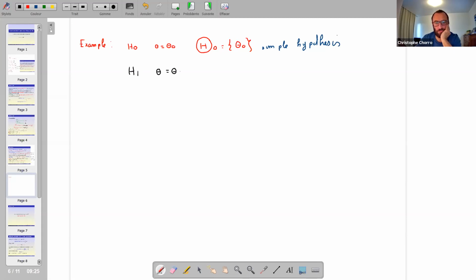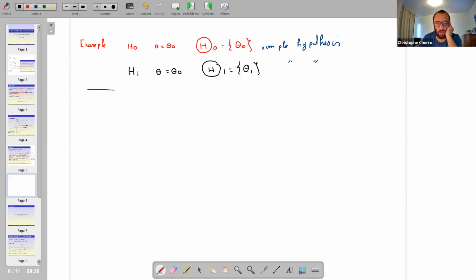So my big theta 1 is equal to the singleton theta 1. And once again here, I have a simple hypothesis. So if I want to do things concretely, I need to know what my starting distribution is.